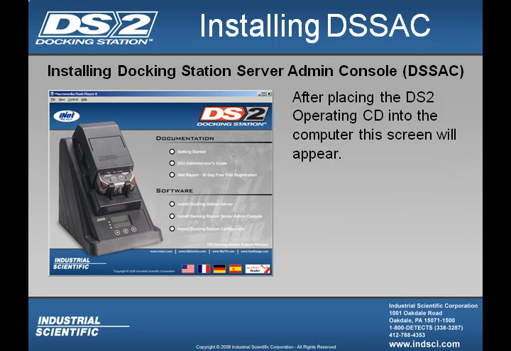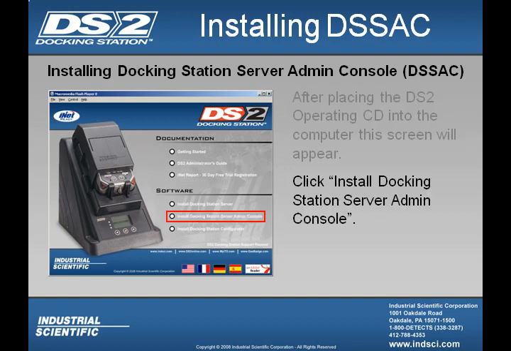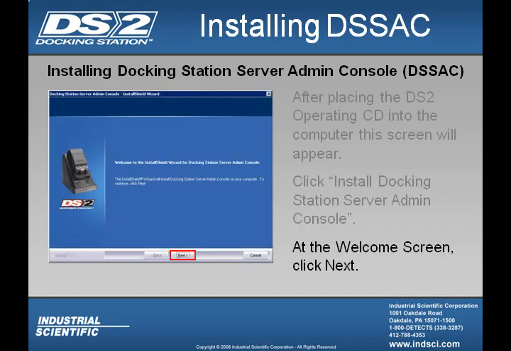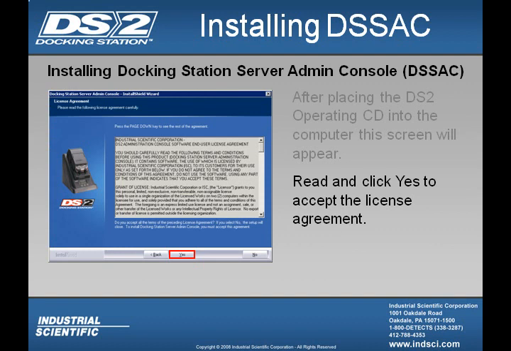After placing the DS2 operating CD into the computer, this screen will appear. We now click on Install Docking Station Server Admin Console. And at the Welcome screen, we click Next. And now read and click Yes to accept the license agreement.